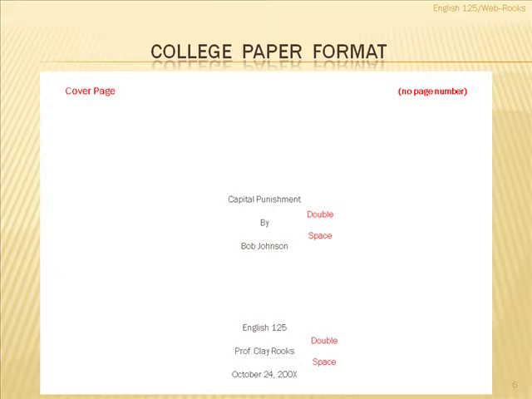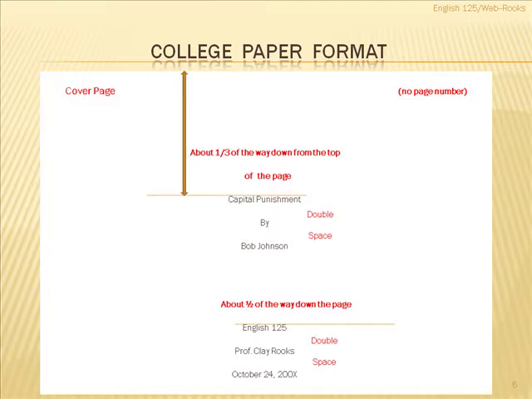Notice there is no page number on a cover sheet. Up at the top, there's no page number. Now, the first set of information on the title and the author is roughly 1/3 of the way down the page from the top. And the information in the second block, which is the course name and number, the name of the instructor, and also the due date, should be about halfway down the page from the top.